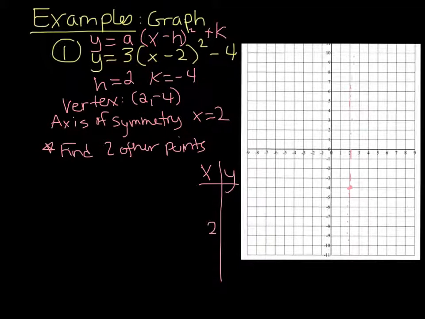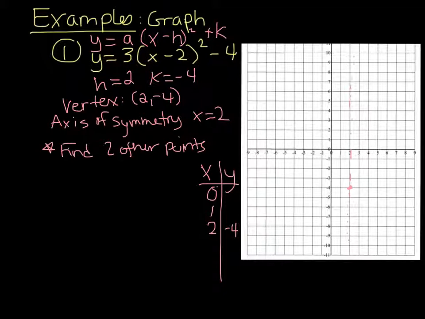So you don't have to actually work out the problem again for the 2 because we know what the value of y is when x is 2. So the other 2 points I'm going to choose are going to be the ones that are close to x equals 2. I'm going to choose 0 and 1. You're not always going to choose 0 and 1, but I would recommend you choose whatever 2 values are very close to the x-coordinate of your vertex.